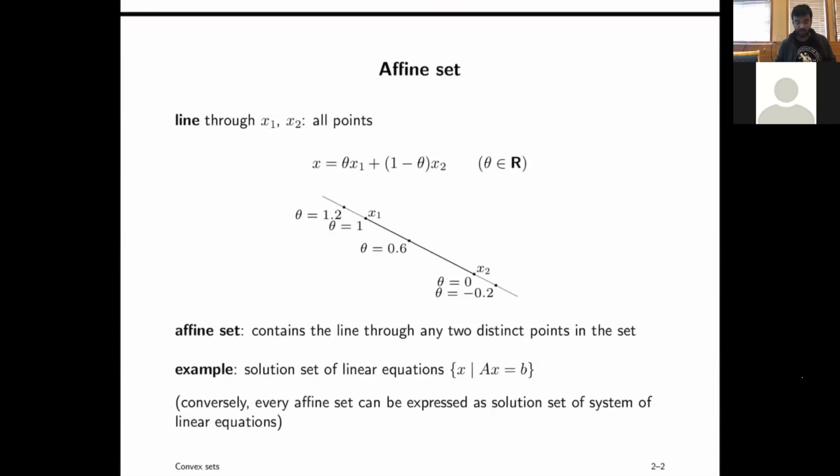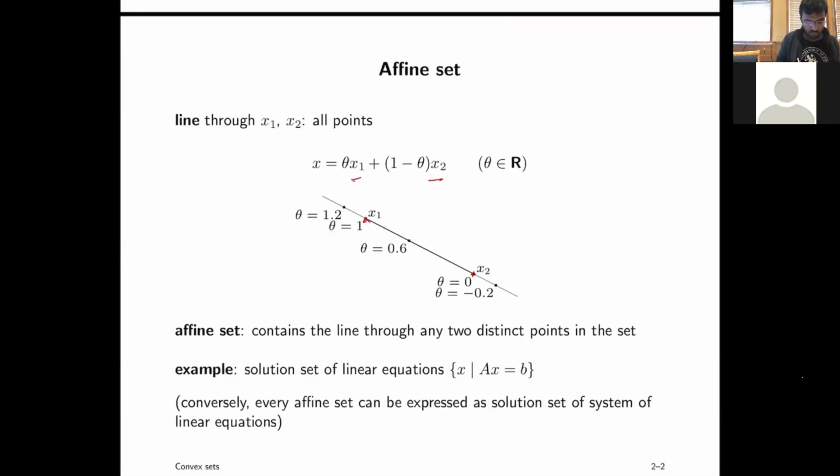In general, we start from an affine set. What is an affine set? We have two points here, x1 and x2. Now what I'm doing is forming an affine combination of these. What is an affine combination?